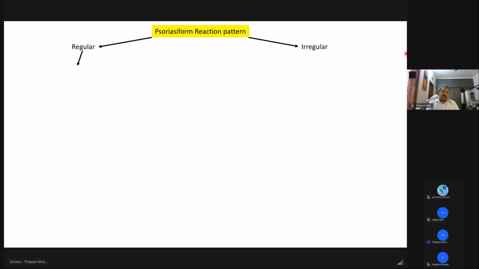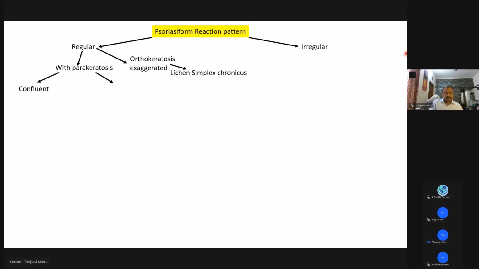If it's a regular pattern, then it's with parakeratosis or exaggerated orthokeratosis. First we'll deal with exaggerated orthokeratosis. It is lichen simplex chronicus. With parakeratosis, you see whether it is confluent or patchy.